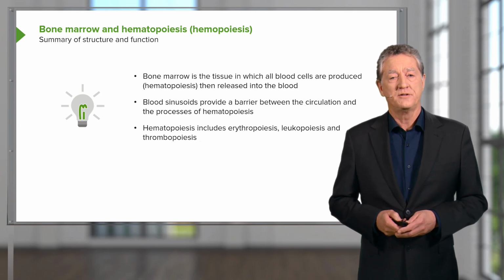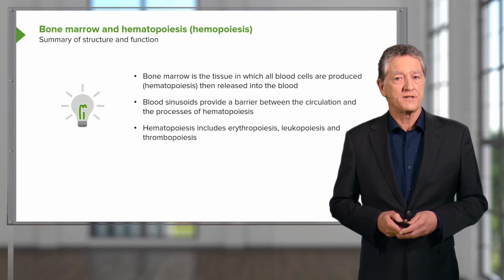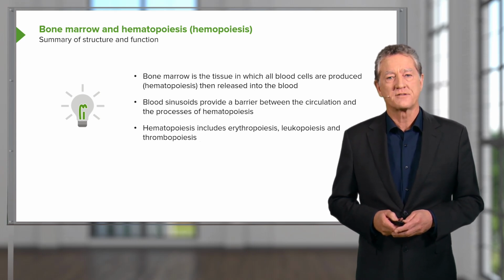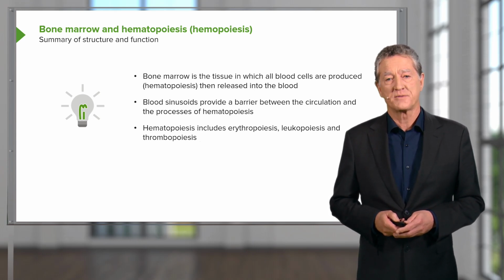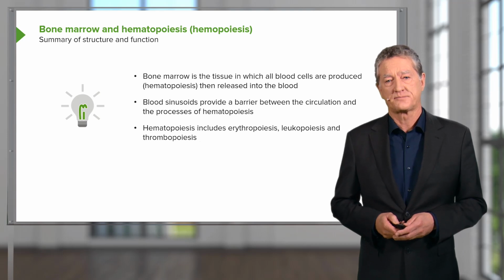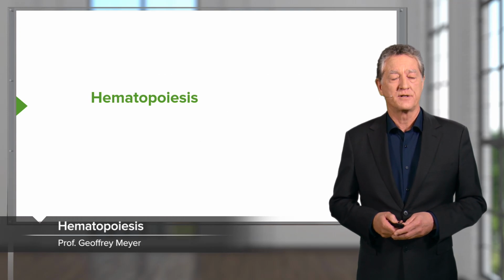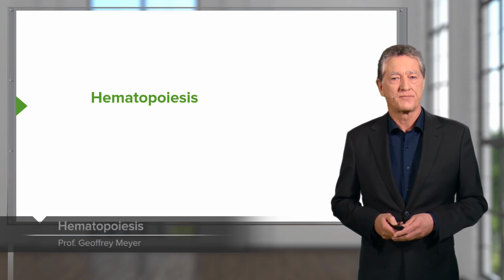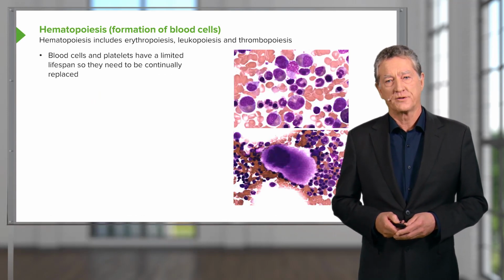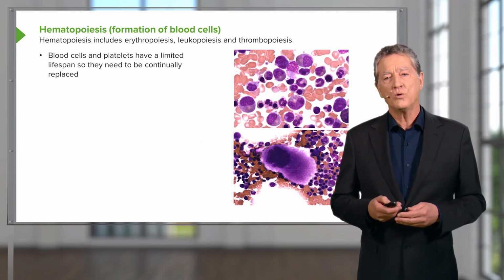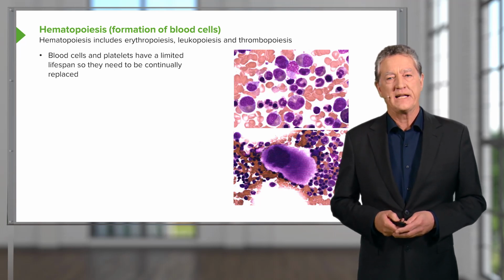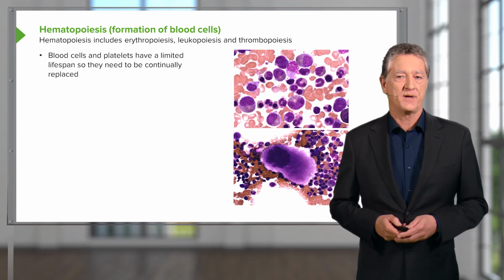Hematopoiesis includes formation of the red blood cells, the white blood cells, and also the thrombocytes or platelets. Let's now look at some of the details of hematopoiesis. Firstly, it's important to know that all the blood cells that circulate in the blood have a very limited lifespan.